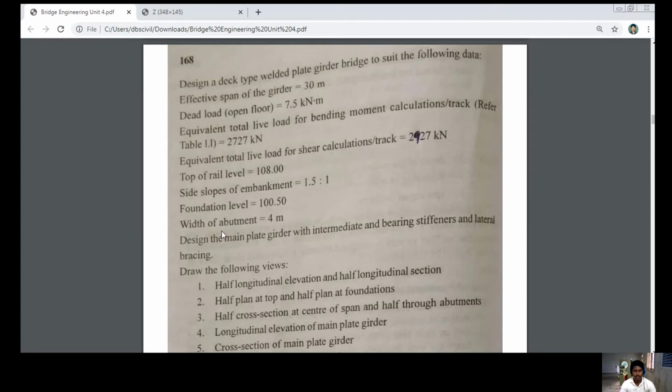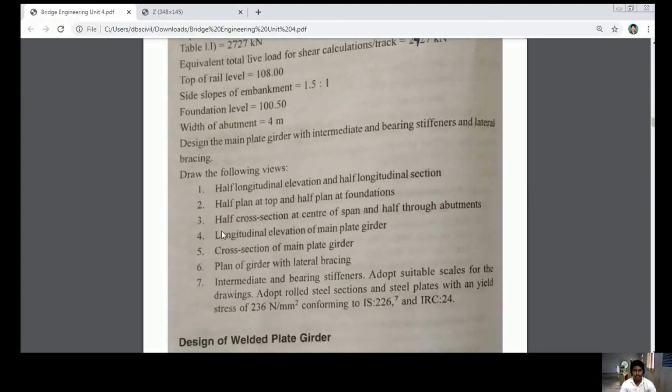They are asking us to design the main plate girder with intermediate and lateral bracing, and all the things to be designed for plate girders.